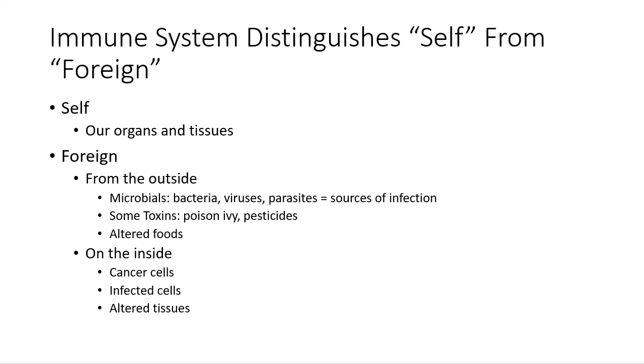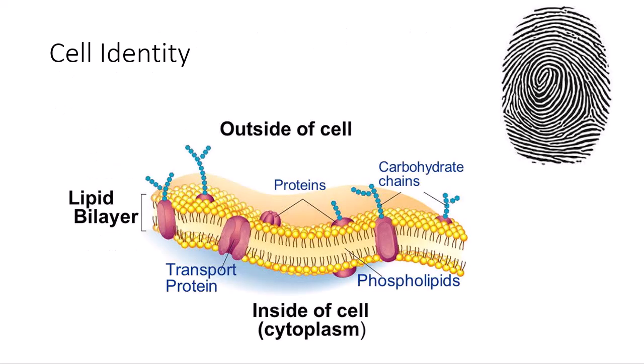And any other alteration of tissues in our body sends an alarm to the immune system, and the immune system is then tasked to remove those, quote, foreign tissues. So how does the immune system know that a cell belongs to us or that something is not part of us, is foreign, or should be eliminated?